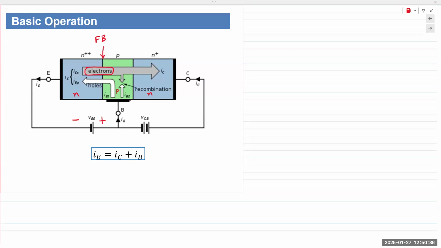Now, some of these electrons that come from the emitter will recombine with the holes that are present in the base, but a majority of them are still free to move around. They've moved into a room, they have no purpose. What should we do? We don't know what to do. Okay, that's where the reverse bias comes into the picture.